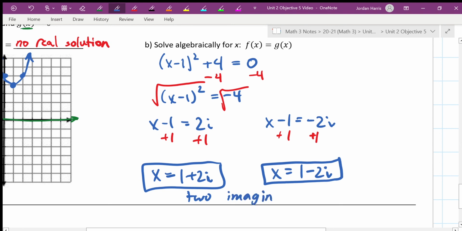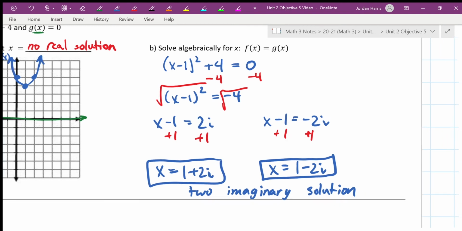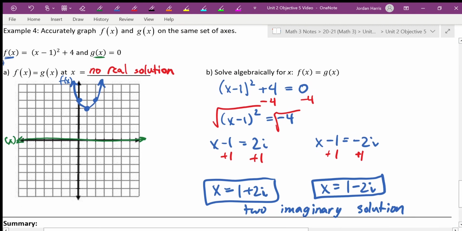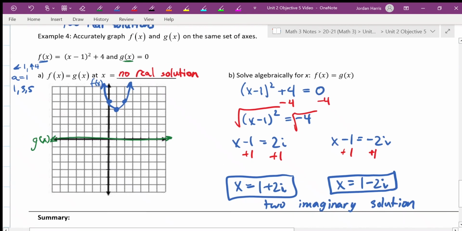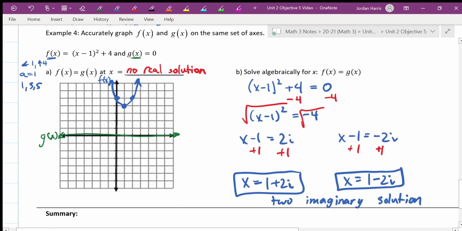That is, like I said, really important for physics and understanding electricity and electronic components, so computers and stuff like that. They use imaginary solutions to talk about solving things with electricity. If you're not going to go into a field that involves that stuff, yes, you probably will never ever deal with imaginary solutions again.